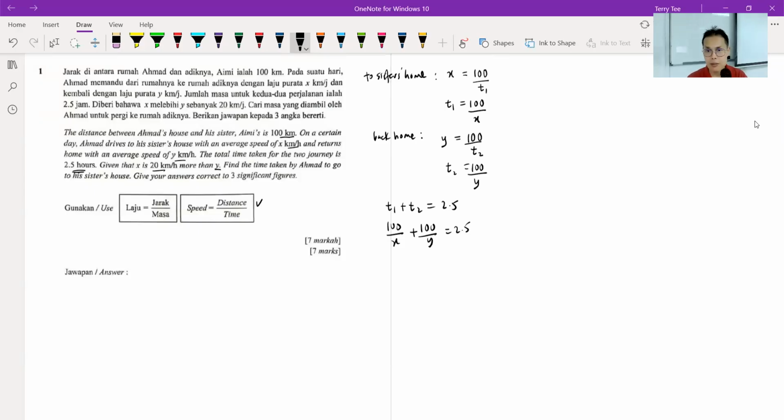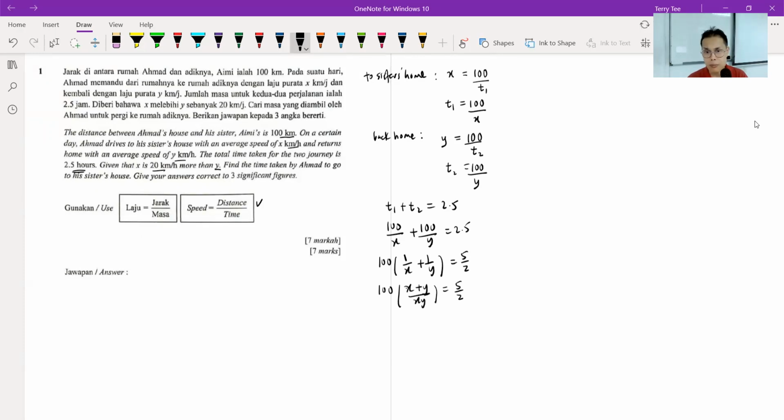Now I need to simplify this equation. Maybe we can take out 100. This will be 1 over X plus 1 over Y equals 2.5, and 2.5 you can think of as 5 over 2. So let's cross multiply. 1 over X plus 1 over Y becomes Y plus X over XY, but we can actually write this as X plus Y over XY, and the outcome is still 5 over 2.